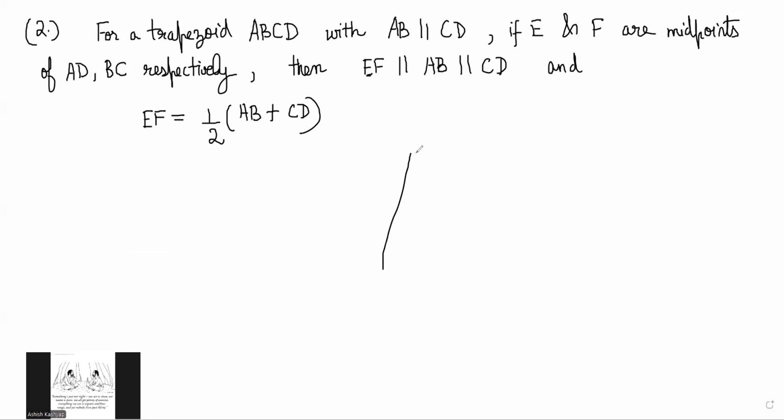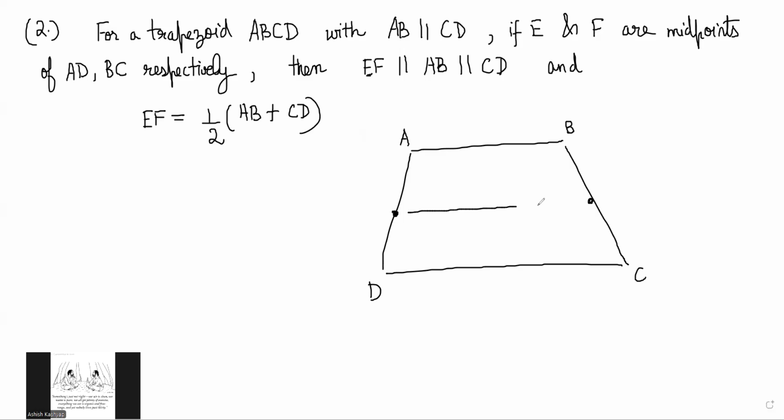So basically, the theorem is like this. You have this situation A, B, C, D, and midpoints of these are connected. This is E, this is F, and this is a trapezium. So opposite sides are parallel, these two opposite sides.